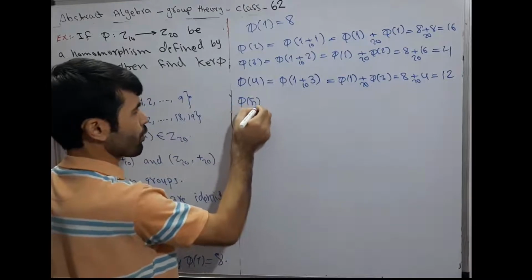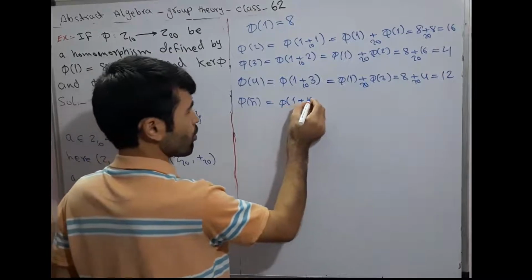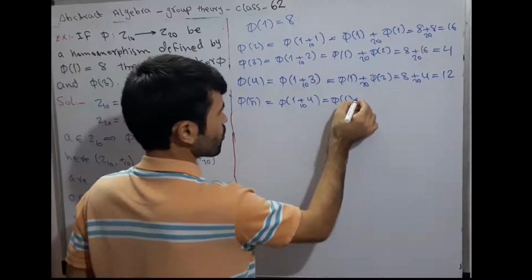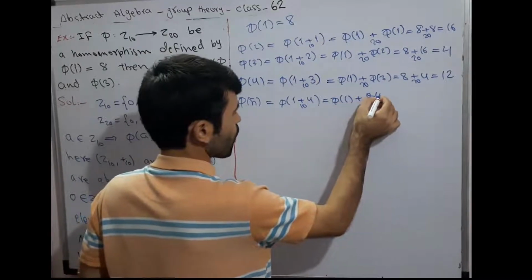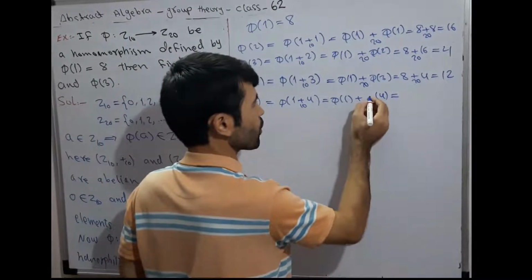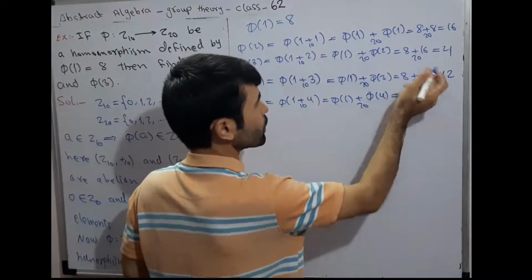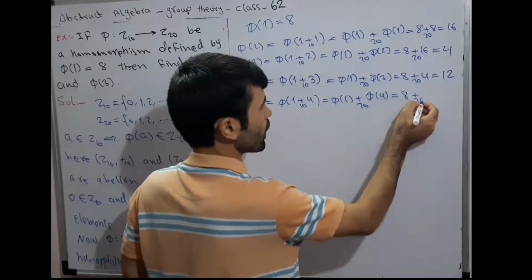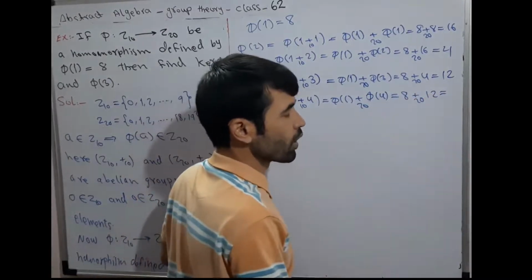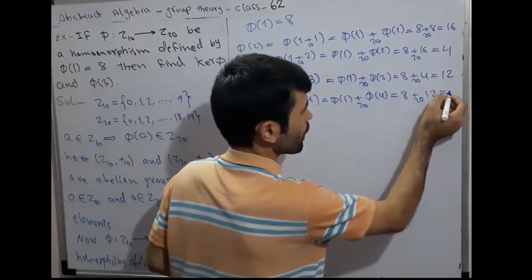Phi of 5 is equal to phi of 1 plus 4, modulo 10, is equal to phi of 1 plus phi of 4, addition modulo 20. Phi of 4 is equal to 12. 8 plus 12, it will be 20. 20 divided by 20, the remainder will be 0.